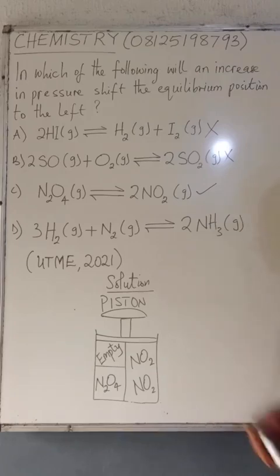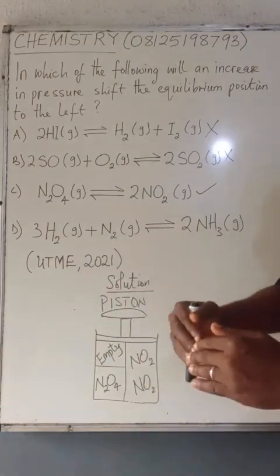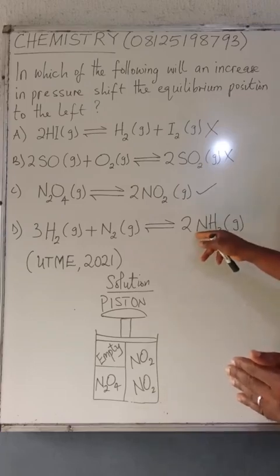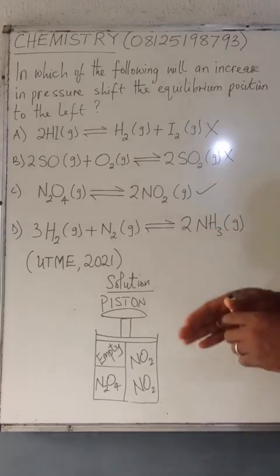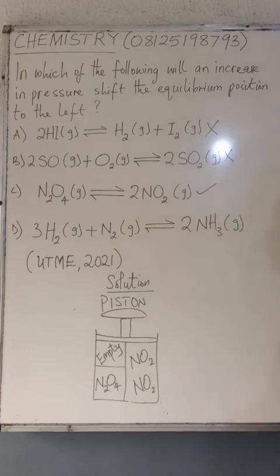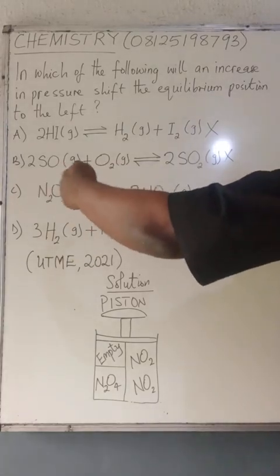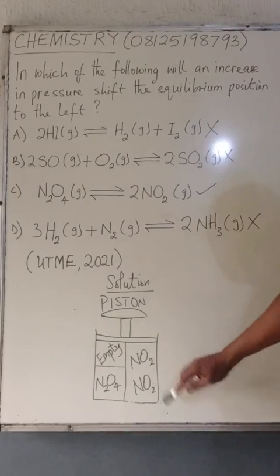And in that case, the reactants will start crowding up before the piston meets the products. That will shift the equilibrium position to the right, favoring forward reaction. And so this is not the correct option. Option C is the correct option. An increase in pressure will shift the equilibrium position to the left, favoring reactant formation. And the illustration is given here.